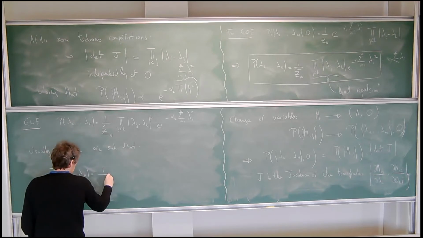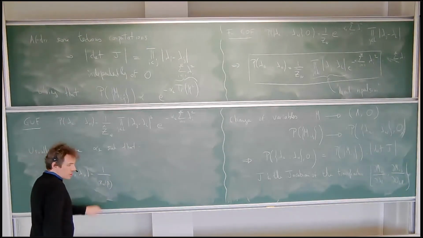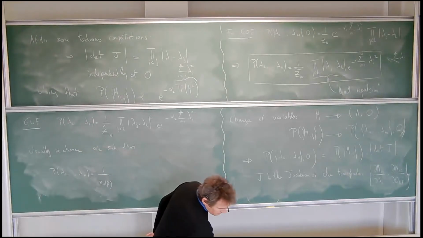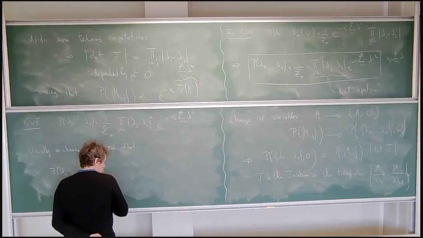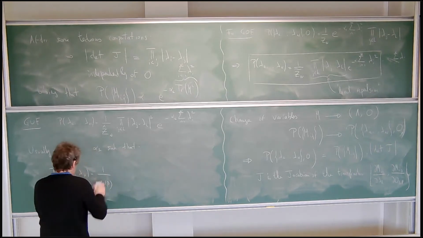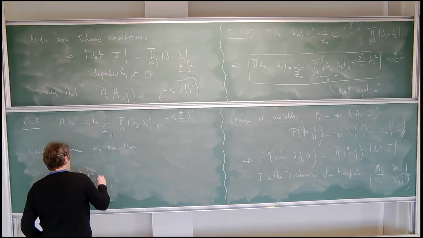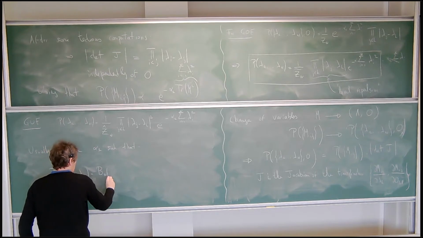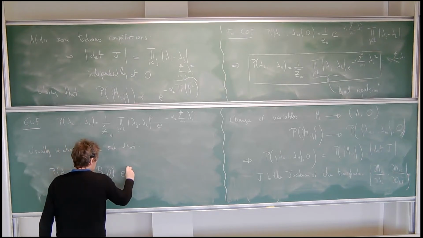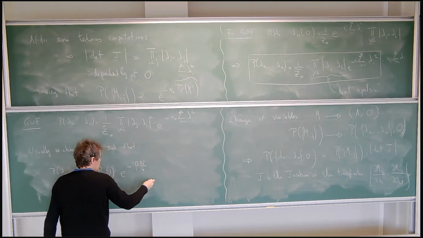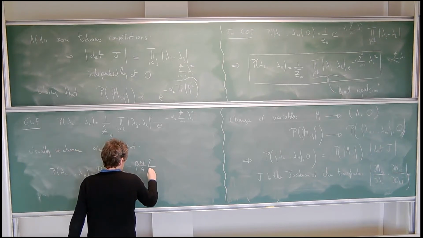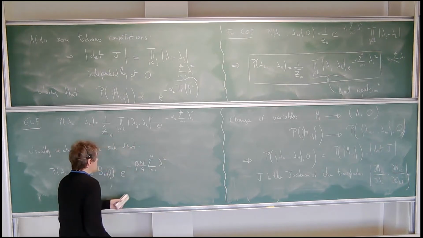I will introduce some number beta here, and I will denote by minus beta n over 4 the sum of lambda I squared.